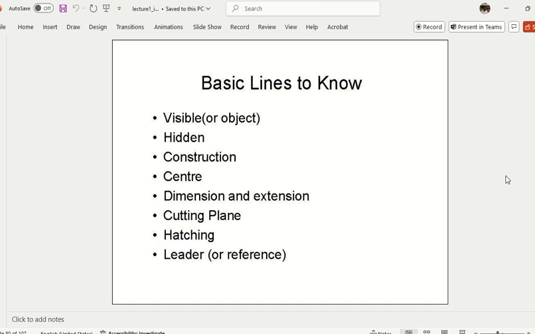Now you see my extension line in both cases is at the same point, right? From here to here, from here to here. But will this one and this one give me the same number? No. This length is different, this length is different, right? That's why the dimension line is important.